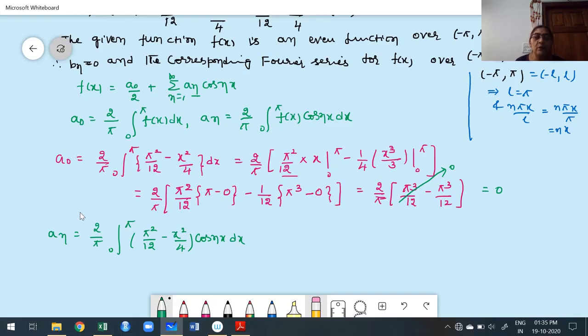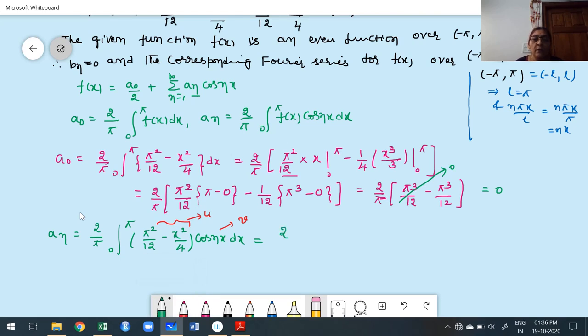Which rule do you go for? The UV rule, as it is a product of two functions. While taking the UV rule, this is our u function and this is our v function. Why? Because pi square by 12 minus x square by 4 becomes 0 after the second derivative, while the cosine function is not equal to 0 after the second derivative.